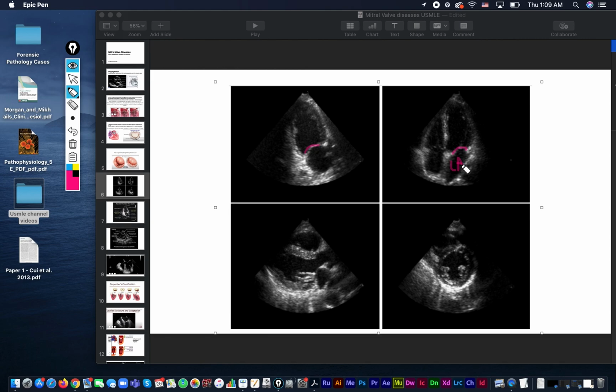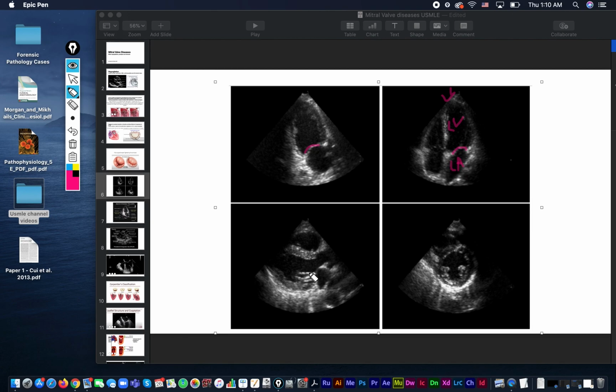Because it's apical, because you're looking from the apex of the heart, which is here, you see the left ventricle here, and the left atrium is at the bottom.